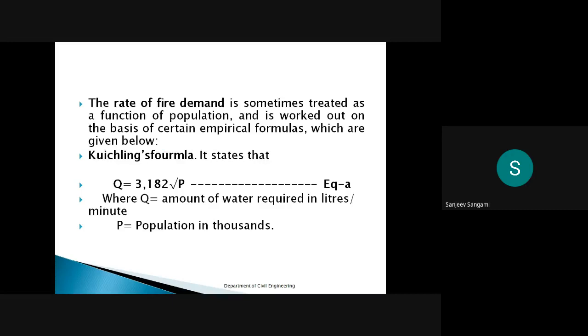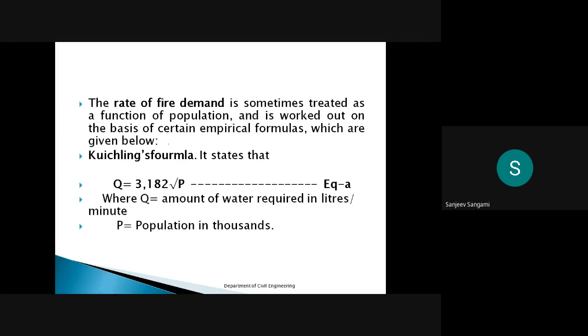Sometimes if the problem is asked in that way, you can calculate it. If they ask us to use the empirical formulas, then we have to use some of the standard formulas for the calculation of the fire demand.